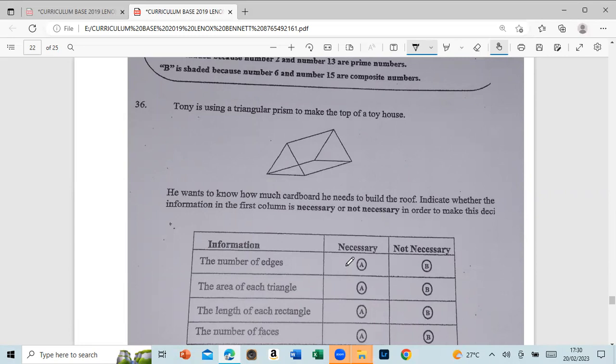Alright. So the number of edges. Would we need the number of edges? I would say it's not necessary for that one. The area of each triangle.